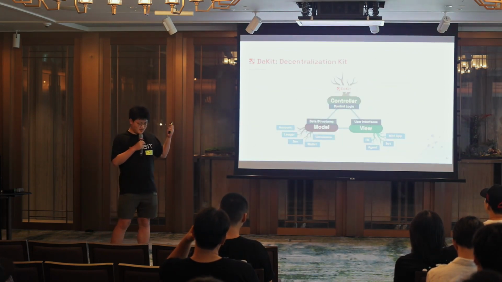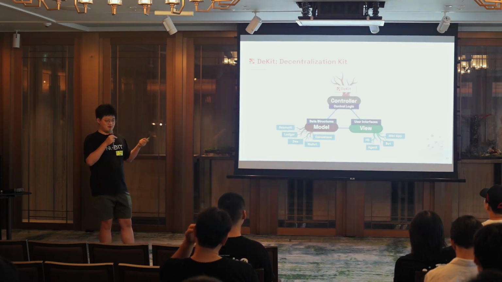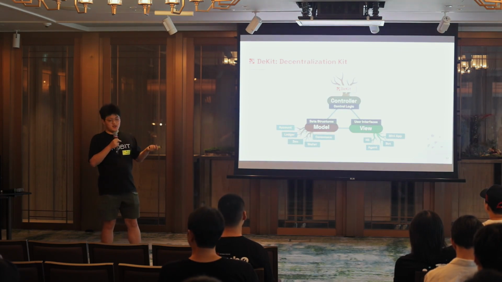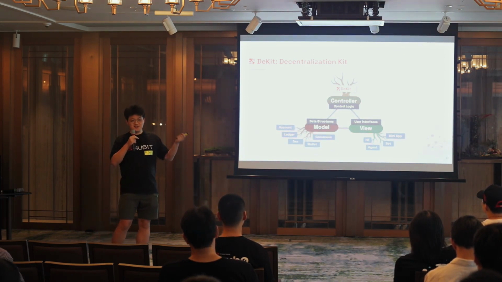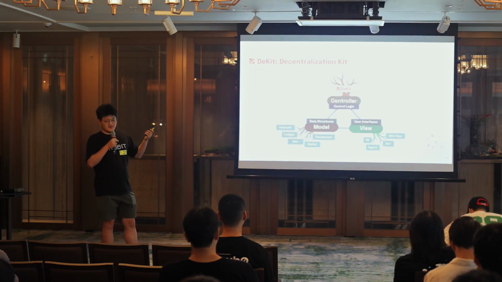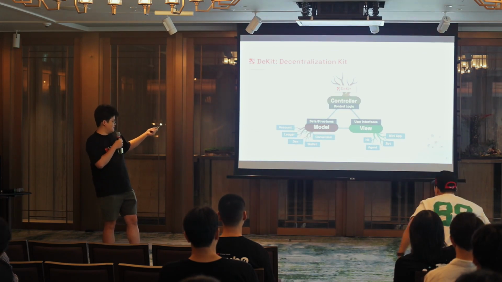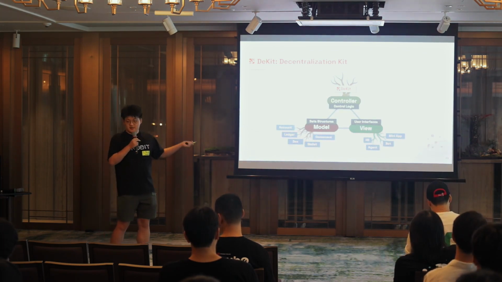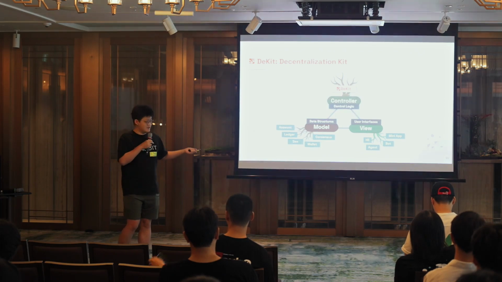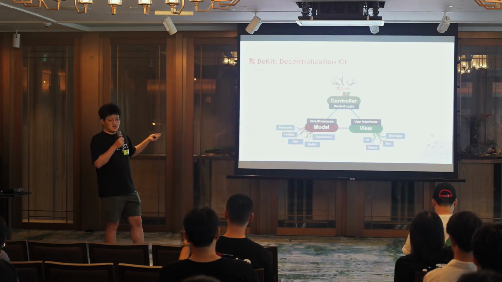And we also have the decentralized kit. So that's where things turn to something familiar. If you are familiar with traditional Web2 development, you might recognize this MVC architecture. The view here represents the user interface, such as a mini app or H5 frontend. The model here typically is stored in some database.